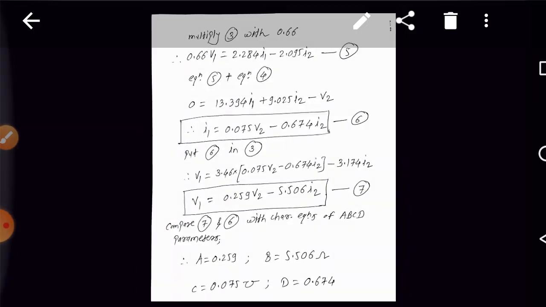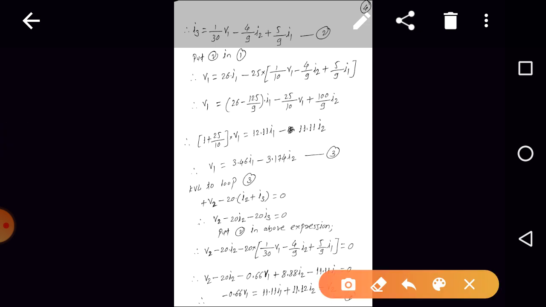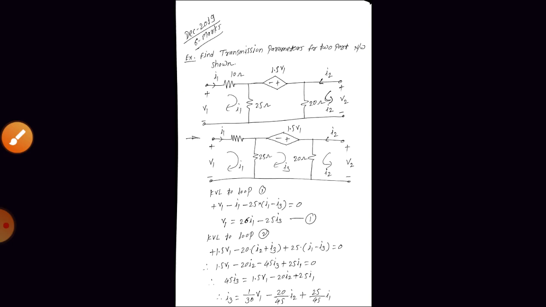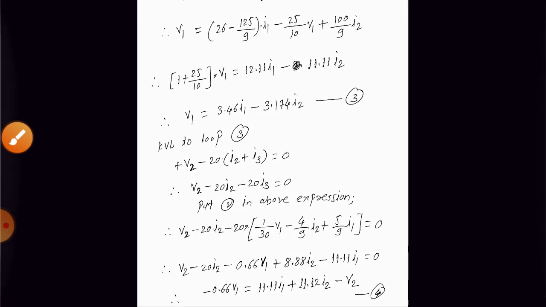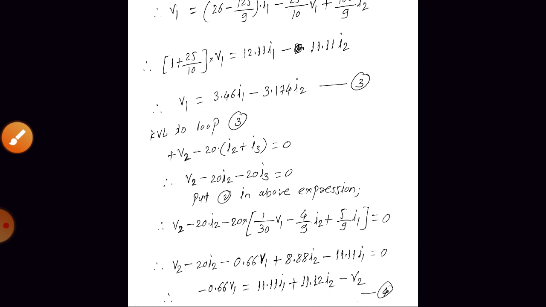Here we have the expression for V1 in terms of I1, I2 and V2. Similarly, we have equation 3, the expression for V1 in terms of I1 and I2. If we compare equations 3 and 4, on the left-hand side we have V1, and on the right-hand side I1, I2 and V2. So we make the coefficient of V1 equal and add the two equations.